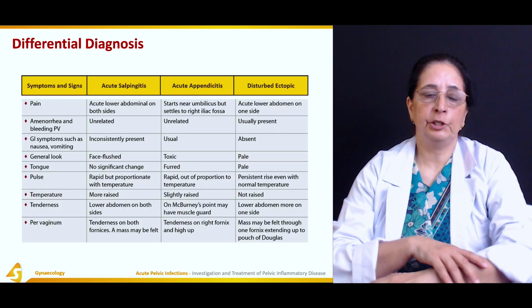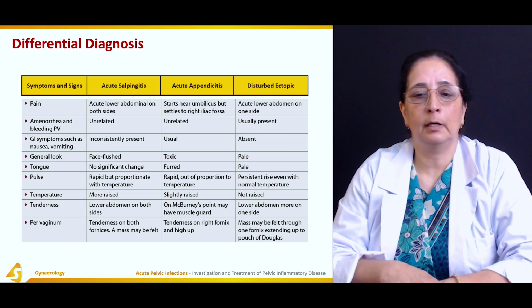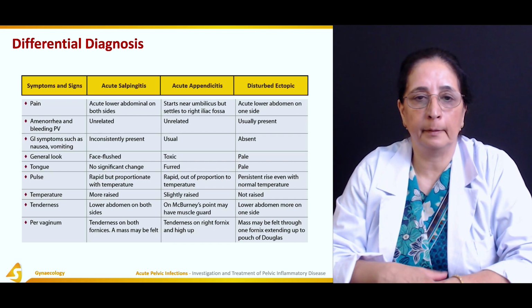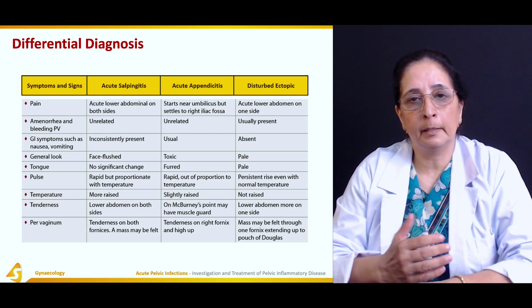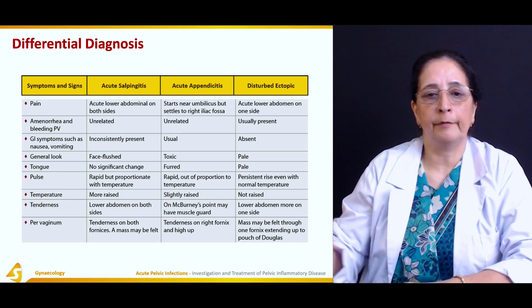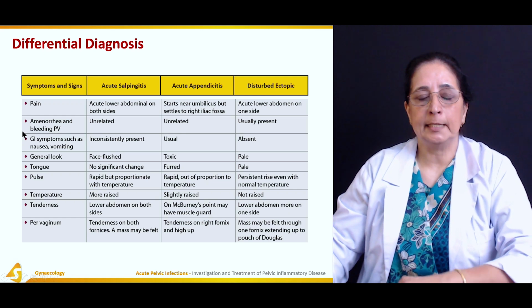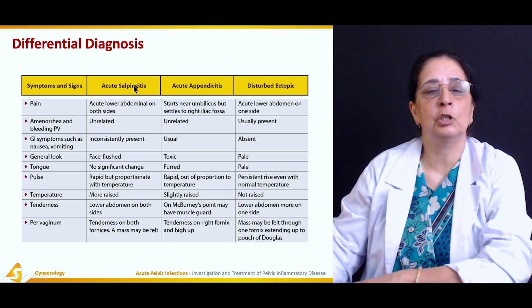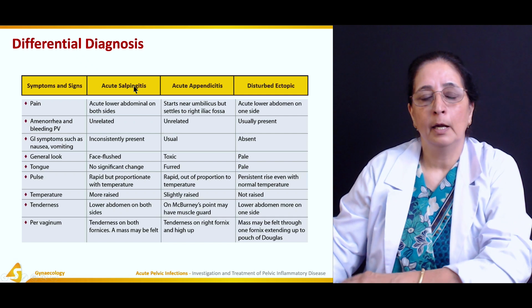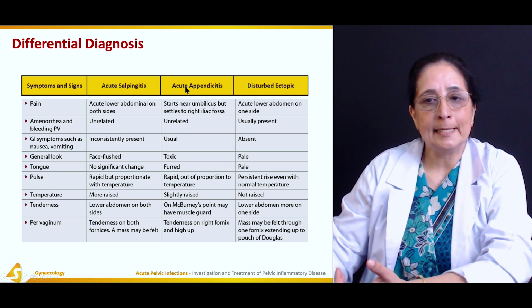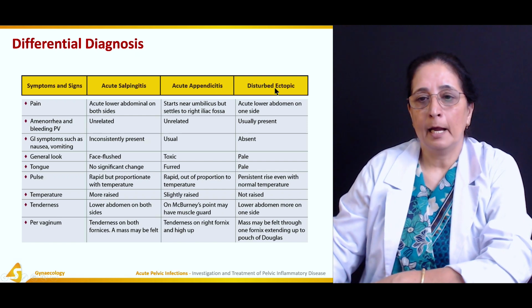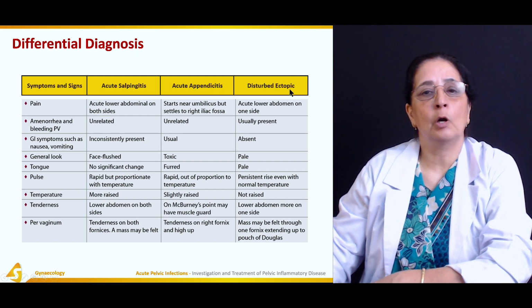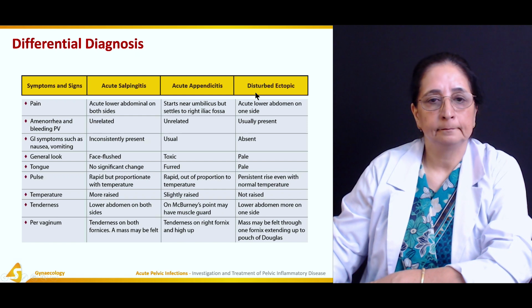Now the differential diagnosis of pelvic inflammatory disease, or of acute salpingitis, which is the infection of the fallopian tube, is from acute appendicitis, which is the infection of the appendix, and from ectopic pregnancy.